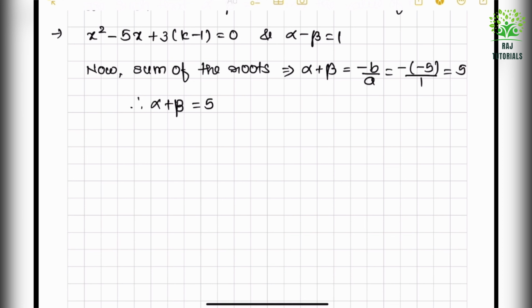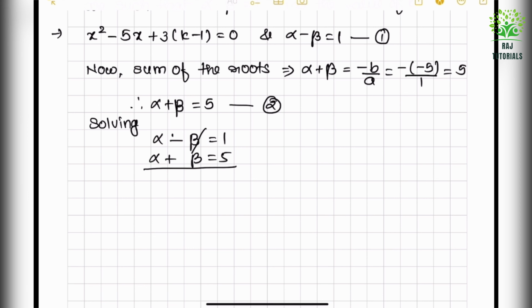So therefore I can say alpha plus beta equal to 5. Let me give this as 2 number and alpha minus beta I was having, so I will give 1 number. Solving, alpha minus beta equal to 1 and alpha plus beta equal to 5. Using elimination method, 2 alpha equal to 6.